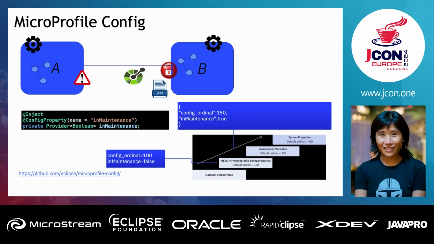In MicroProfile Config, you can specify the config property somewhere else: database, system property, environment variable, or in the application, and so on. Then in the code, you can directly use the @Inject @ConfigProperty, and it automatically injects the value to you.